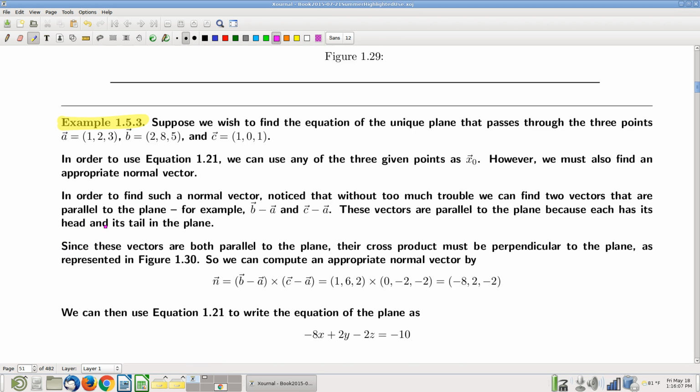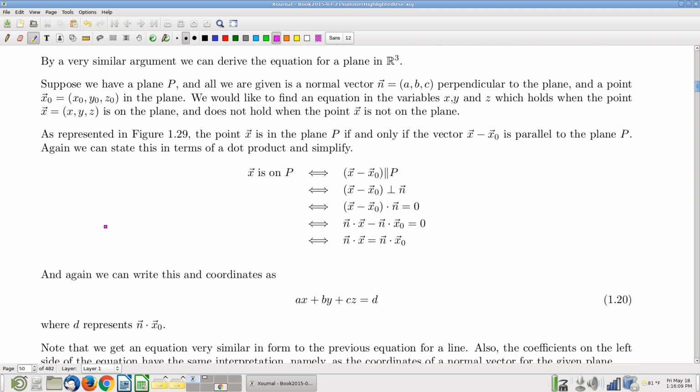And you see the argument goes through exactly the same way. Parallel to the plane is synonymous with perpendicular to the normal vector. Perpendicular means dot product equals 0. Distribute the dot, move this over to the other side. It's the exact same argument, and you end up with n dot x equals n dot x naught.